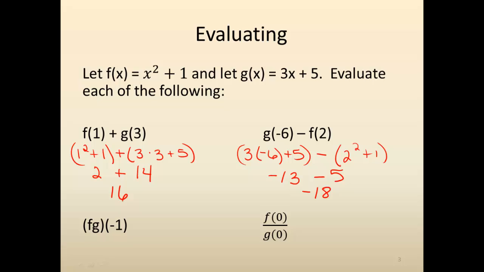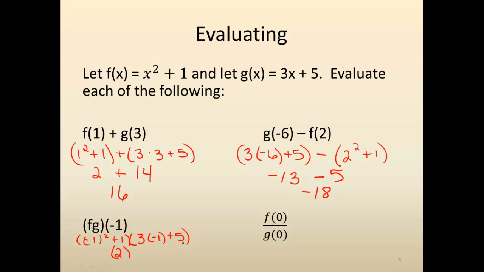F times g of negative 1, again, it's multiplication. So I'm going to take negative 1 squared plus 1 times 3 times negative 1 plus 5. Negative 1 squared is 1, plus 1 is 2.